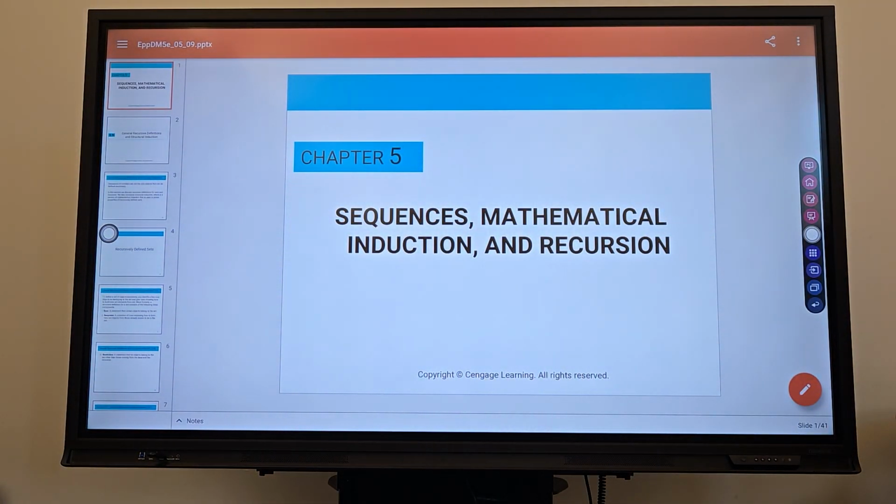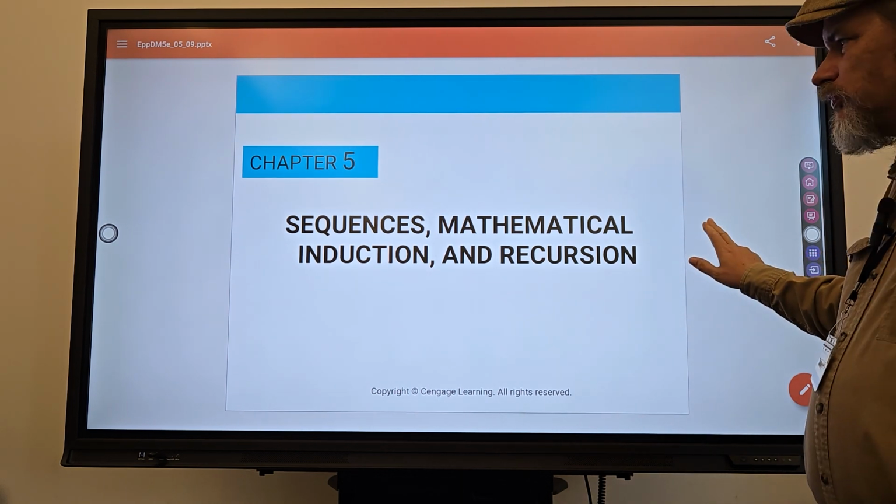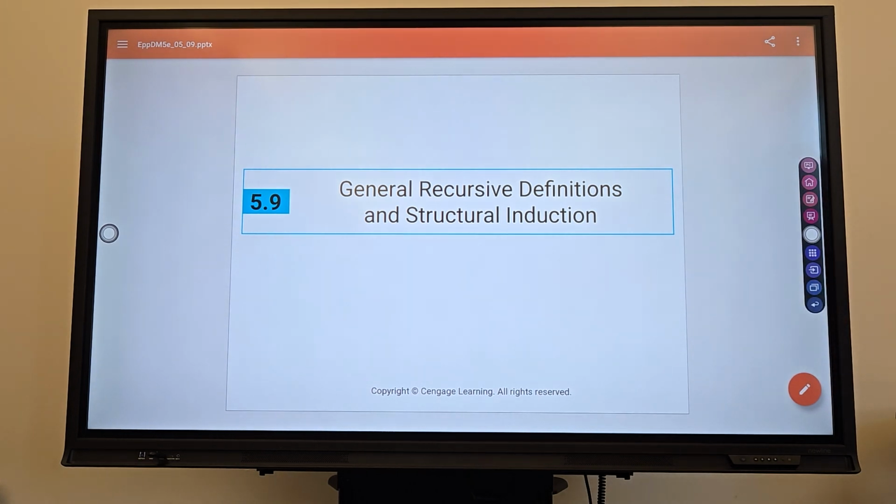When I was reviewing the section, I came across some typos and I couldn't figure out what it should have been saying. So some of the equations don't make a lot of sense in one particular example that they give. So we'll just skip that one. I'll try to figure it out later.